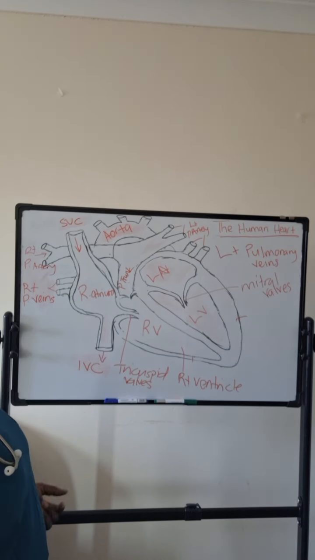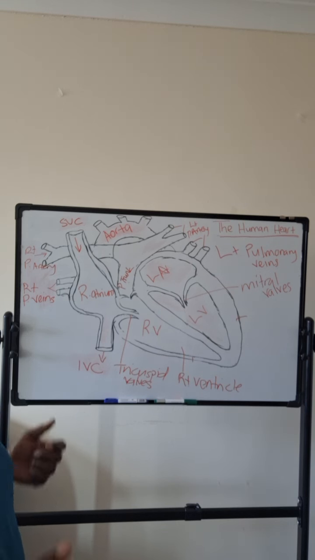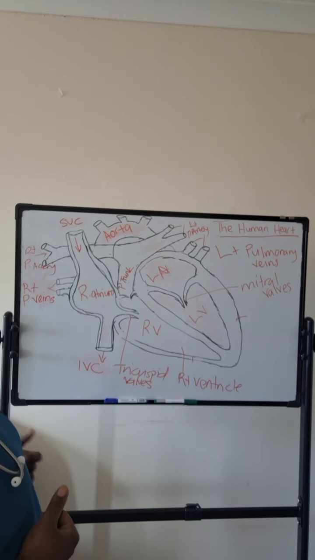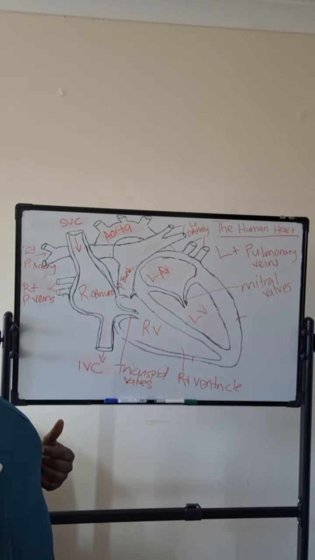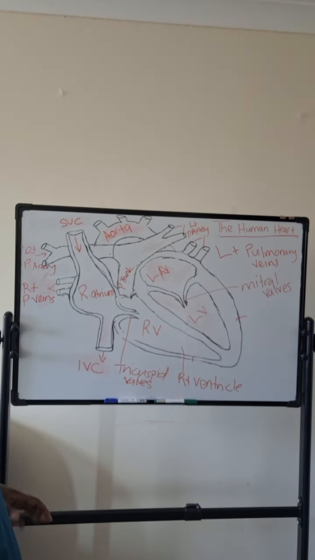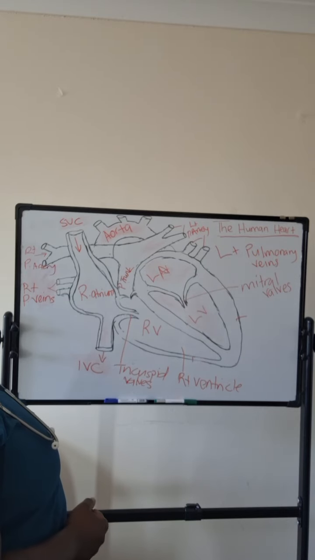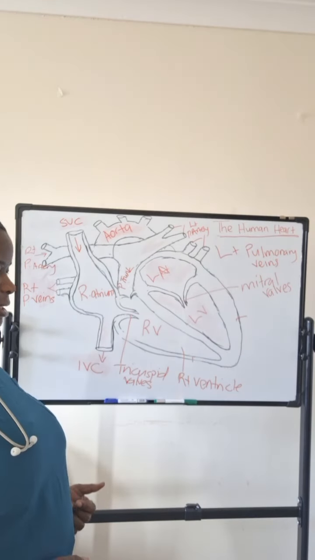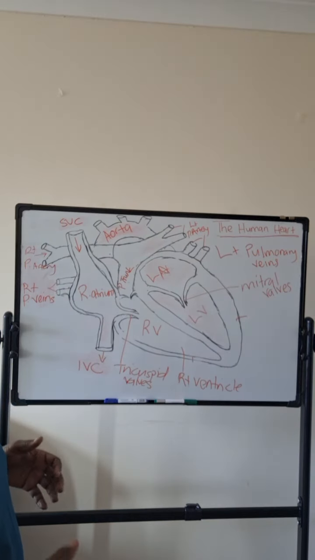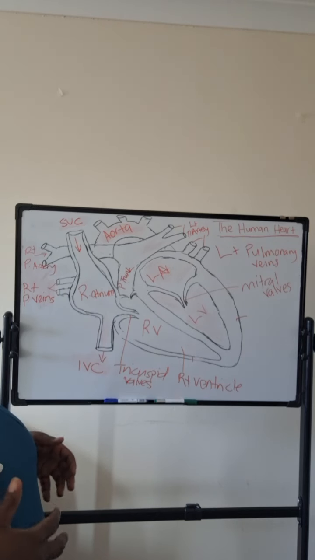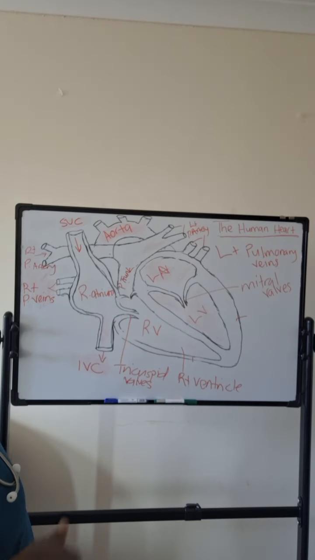On both sides of the heart, there is the pleural cavity, which houses both lungs. The left lung is smaller than the right lung because of the position occupied by the heart. So the heart is protected by the rib cage.